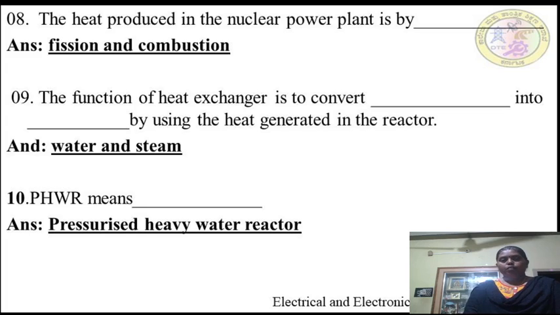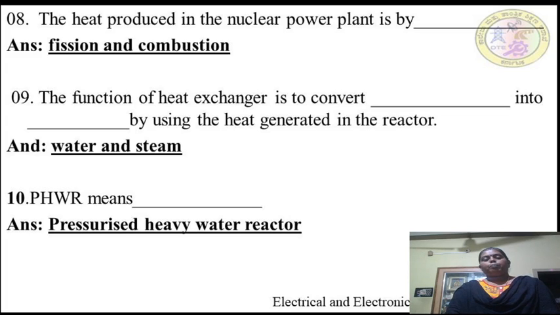The function of heat exchanger is to convert dash into dash by using the heat generated in the reactor. The answer is, in the heat exchanger, the water is converted into steam by using the heat generated in the reactor. The answer is water and steam.